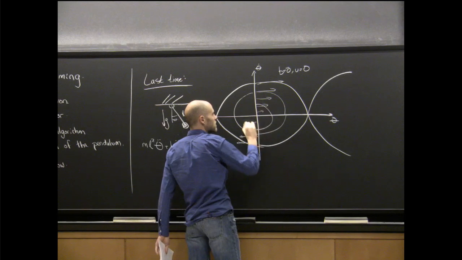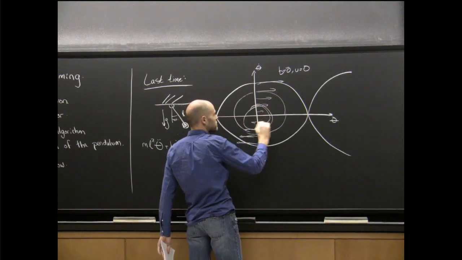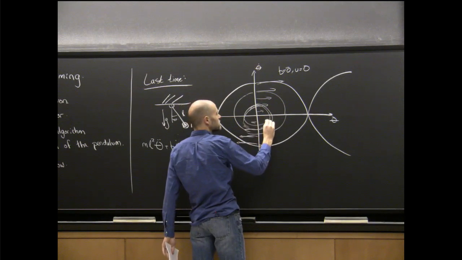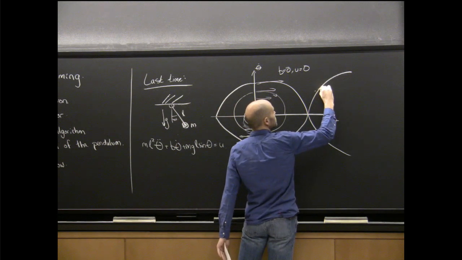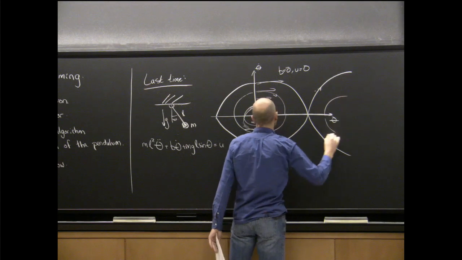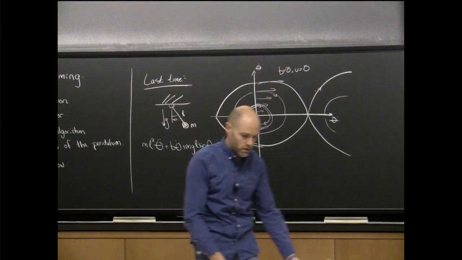Right, and we'd have orbits that were roughly circles around here. Sorry for the bad drawing there. And they would repeat, right?